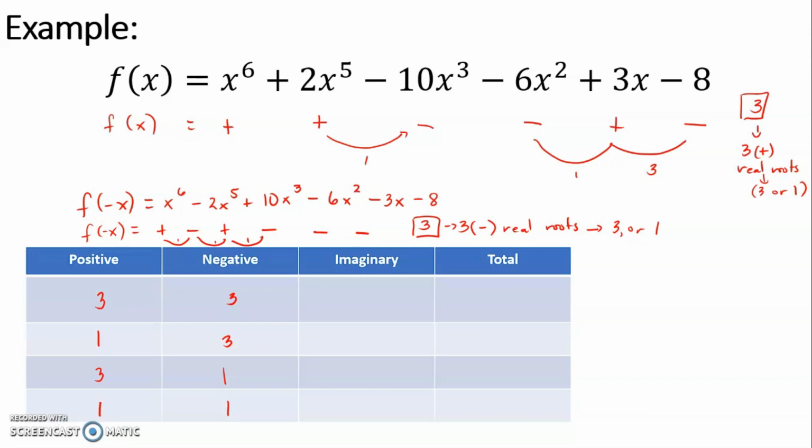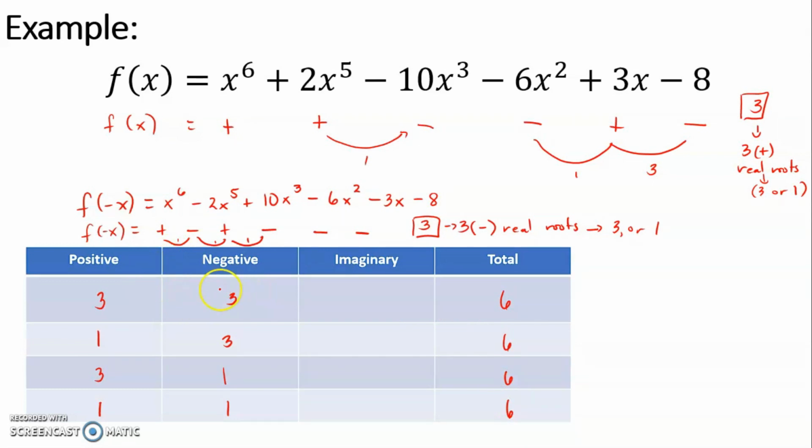Okay? Next, how am I going to determine the number of imaginary roots? First, determine the total number of zeros that we can have for this one. We have 6, so all of that must have 6 zeros. I have 3 positive, 3 negative.